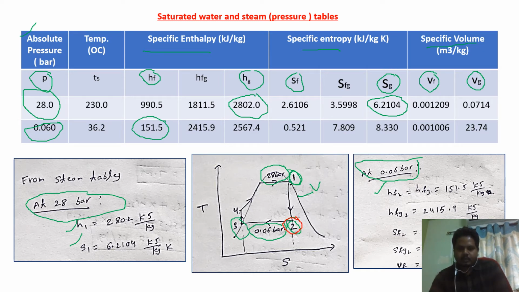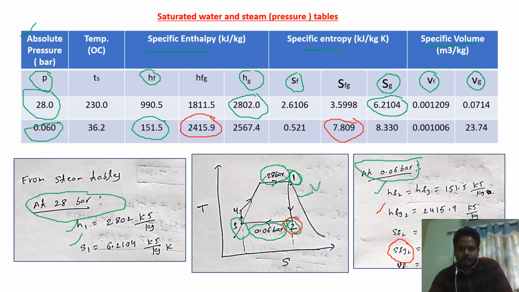So at point 2, the hfg value is 2415.9 kilojoule per kg, and the sfg value is 7.809.